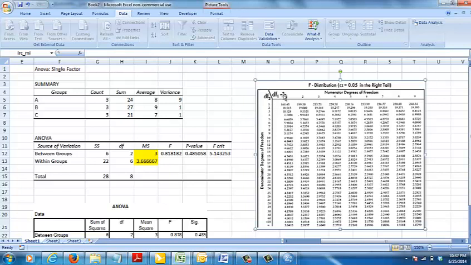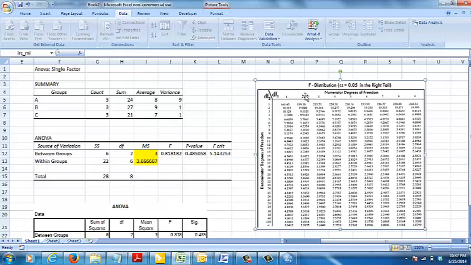The column headings are your first value. Your first degree of freedom is your between groups, which is k minus 1. So 3 minus 1 is 2, right? So I'd look for 2 degrees of freedom. Now this table here gives you the value only at 0.05. But the one in your textbook, if I'm not mistaken, actually gives you values at 0.05 and 0.01.